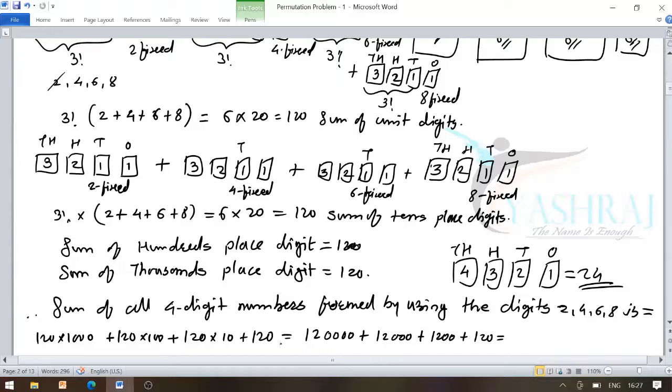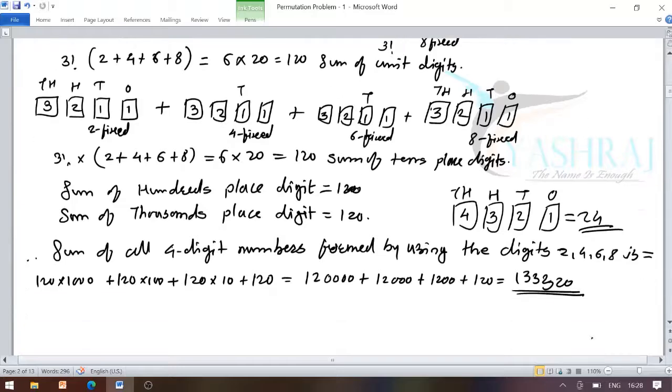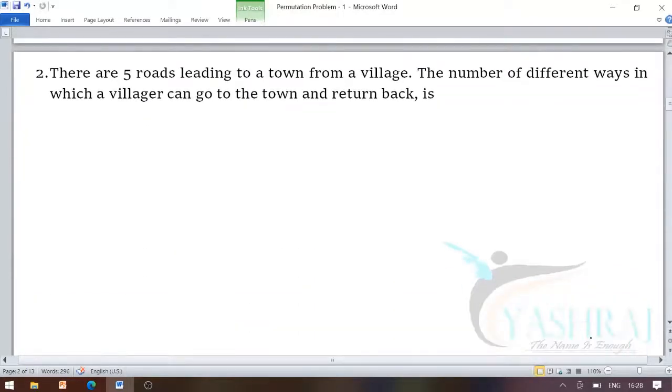So after simplifying, we get 1,33,320 as the sum of all 24 4 digit numbers that can be formed by using the digits 2, 4, 6, 8.